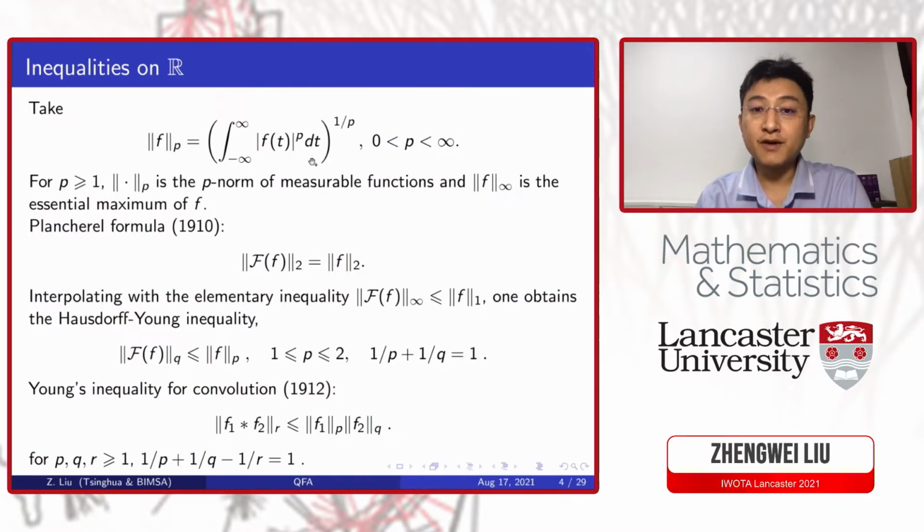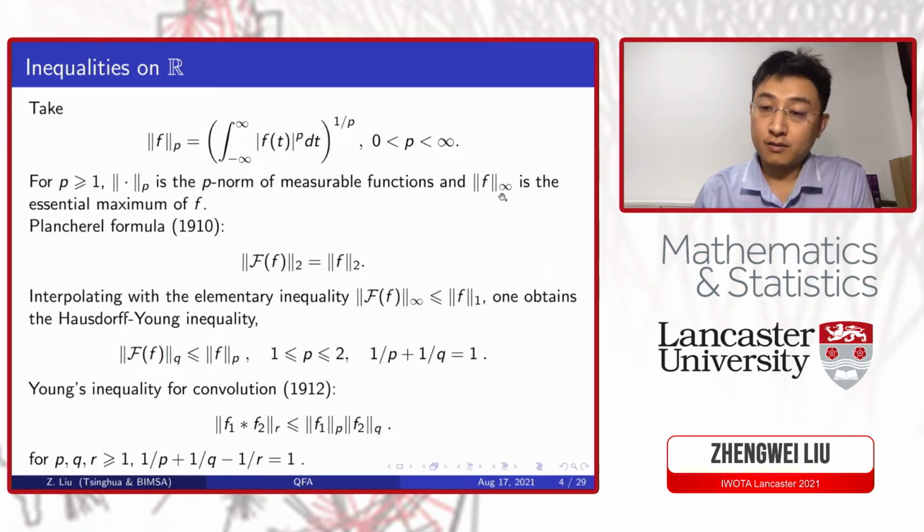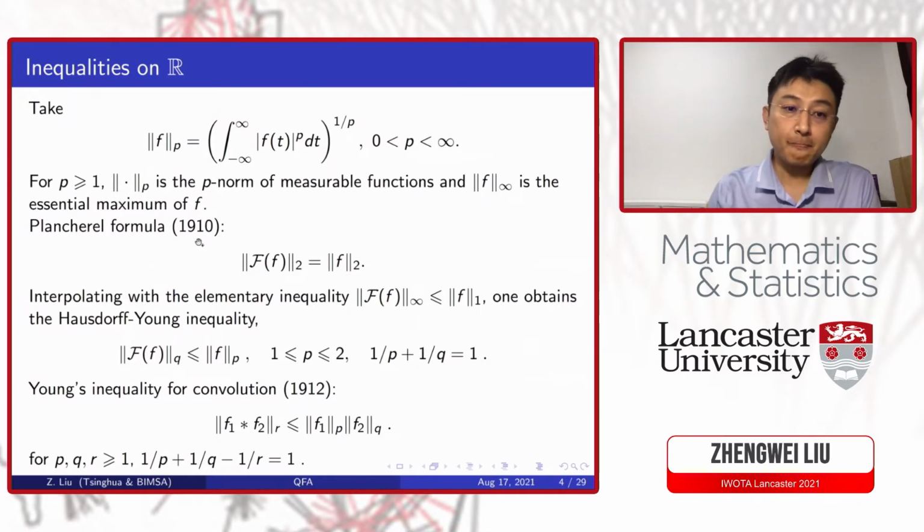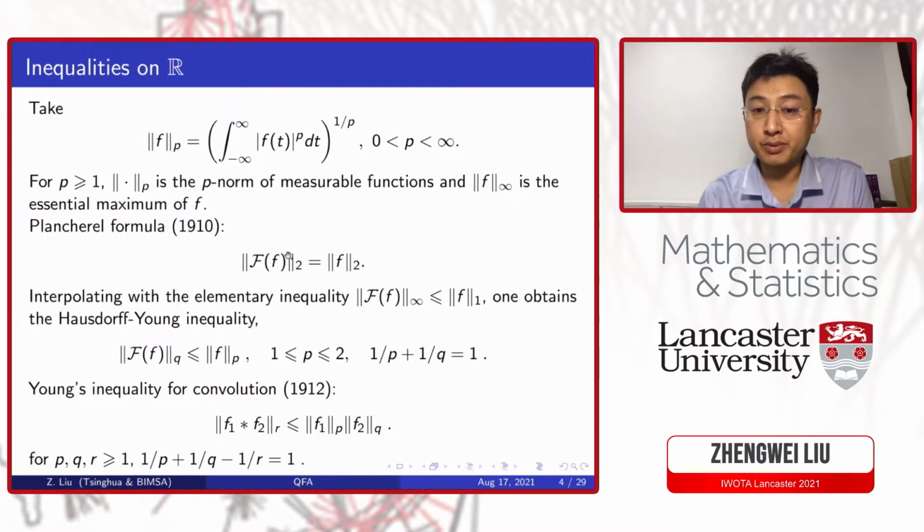Then we can define the p-norm of a function by this integration. For p equal to 1, this is the L1 norm, and for p equal to infinity, it's the essential maximum. Then the Plancherel formula says that the Fourier transform preserves the two-norm. From the operator point of view, we can consider the L2 function space as a Hilbert space. Then the Fourier transform is a unitary operator acting on the space.